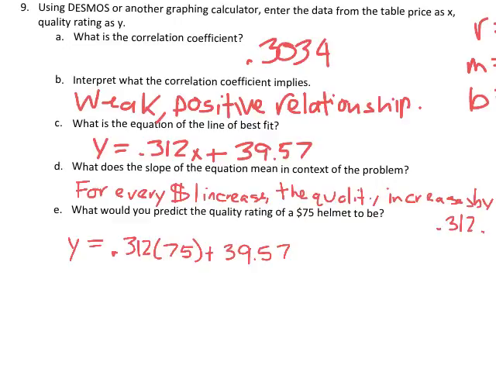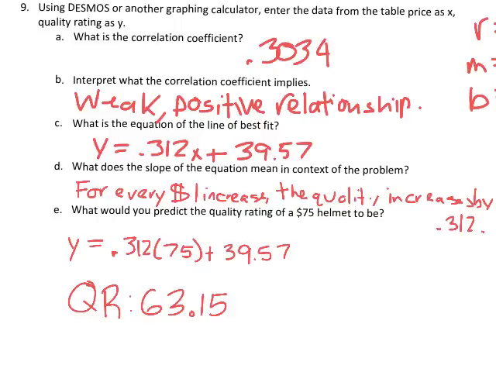So 0.312 times 75 is 23.4 plus 39.75 is, so the quality rating is going to be 63.15. And I think it said 0 is the worst, 100 is the best. So you got an above average helmet for $75 as far as quality rating goes.